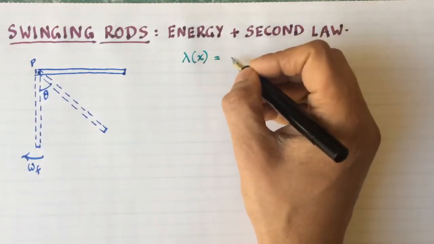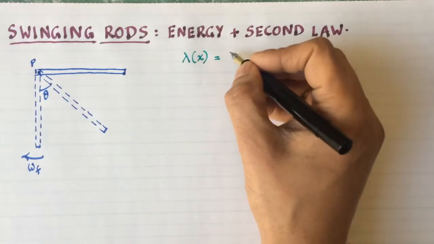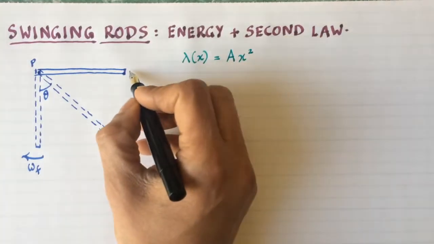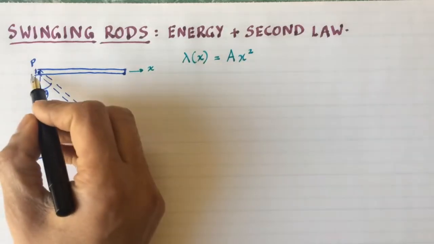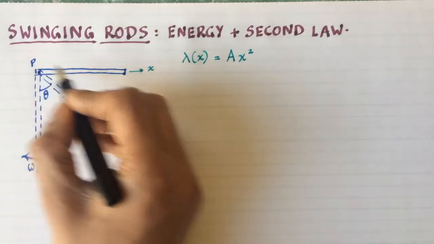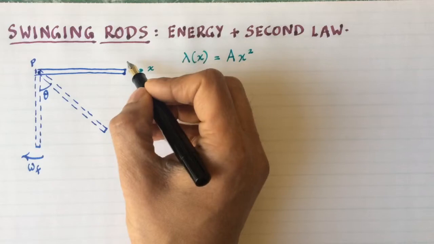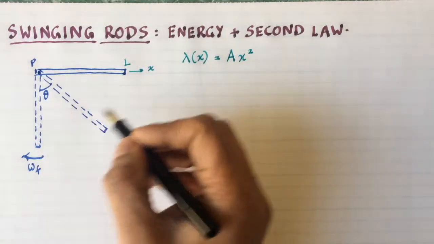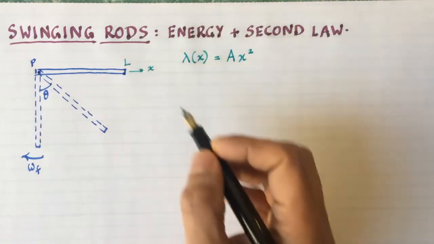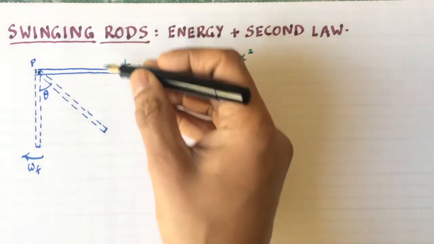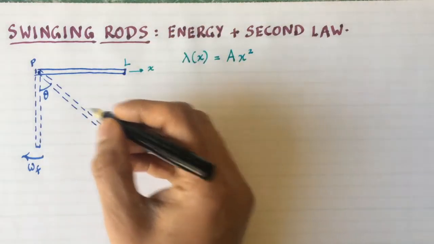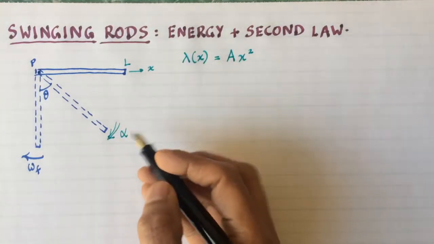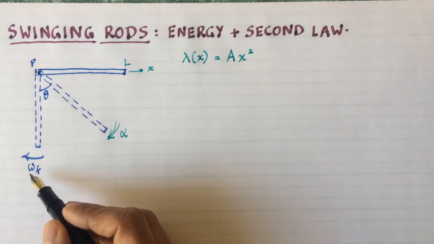Lambda equals lambda naught would be a uniform rod, but here I'll take it to be some constant a times x squared, where the coordinate x is measured from P being the origin and x is being extended out here. Let's say the rod's length is L, so that would be x equals 0, that's x equals L, and we're trying to find what the angular acceleration is at some intermediate stage, and also what the final angular velocity is.